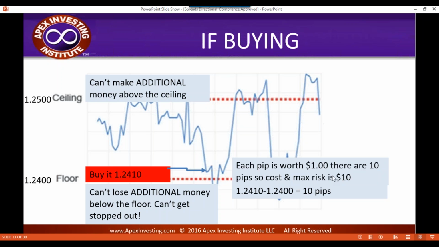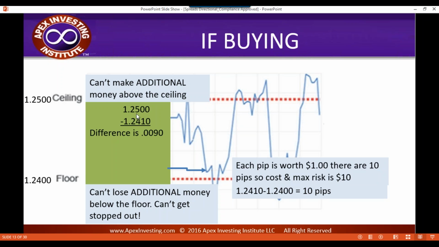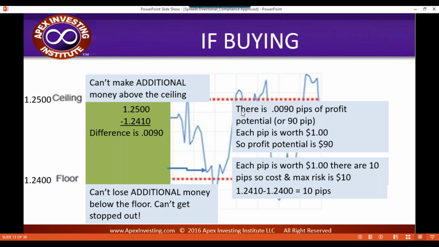So the cost and the max risk is only $10. And we have profit potential all the way up to the ceiling of 2,500. So 2,500 compared to 24.10 where we bought in is a difference of 90 pips. So once again, there's 90 pips of profit potential. Each pip is worth $1, so the profit potential is $90.